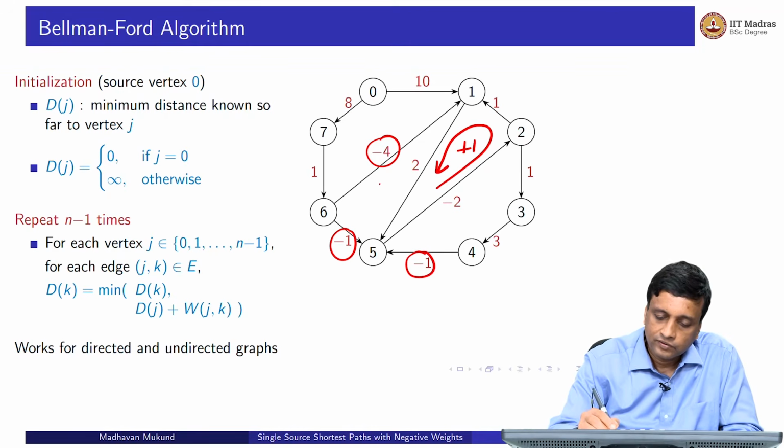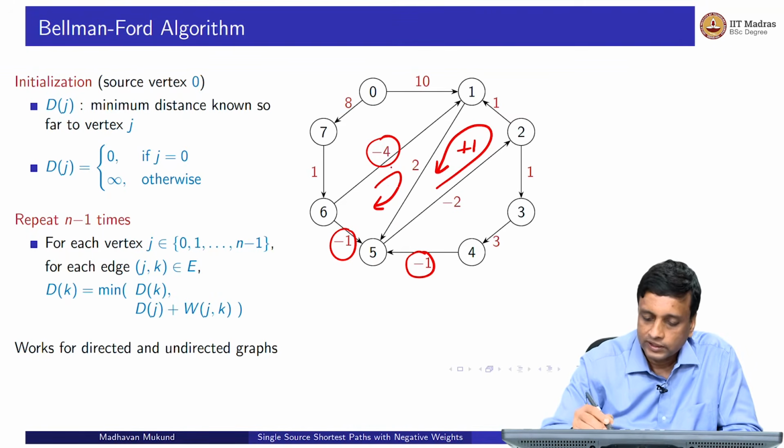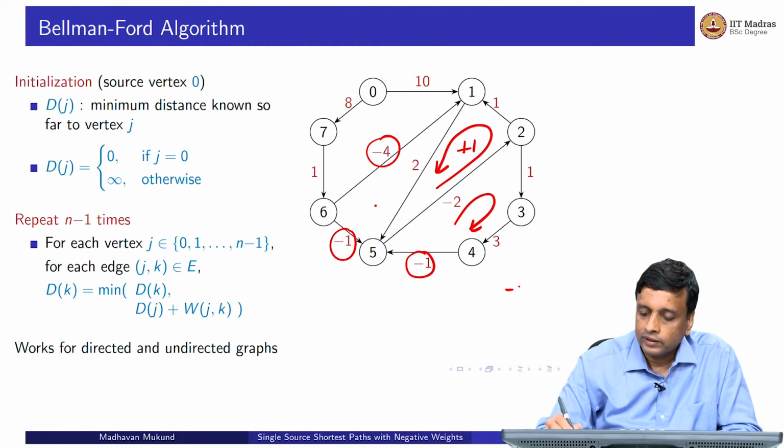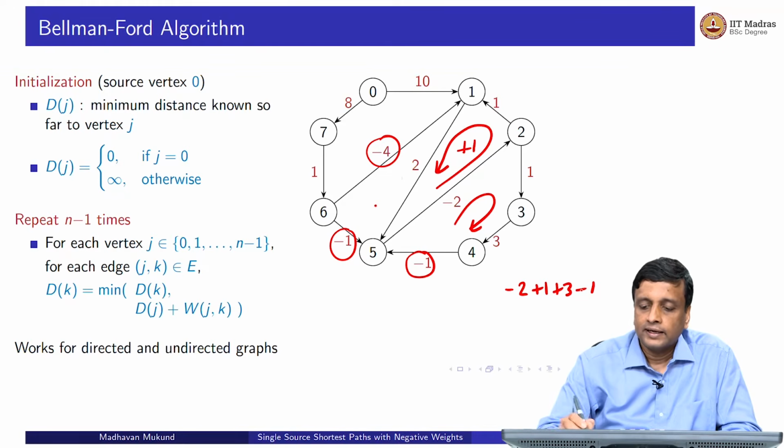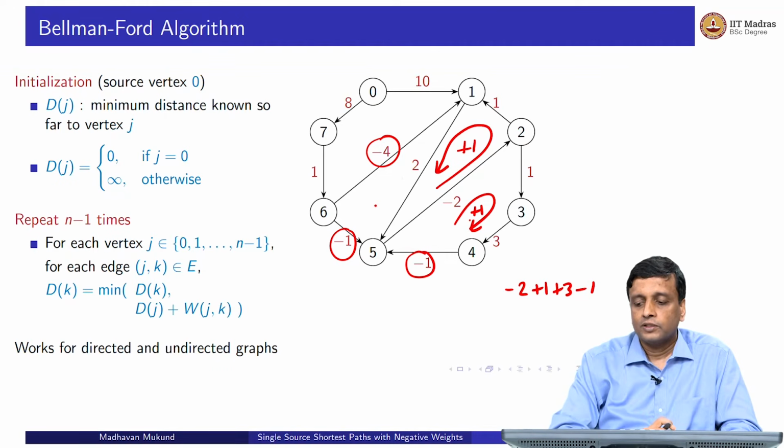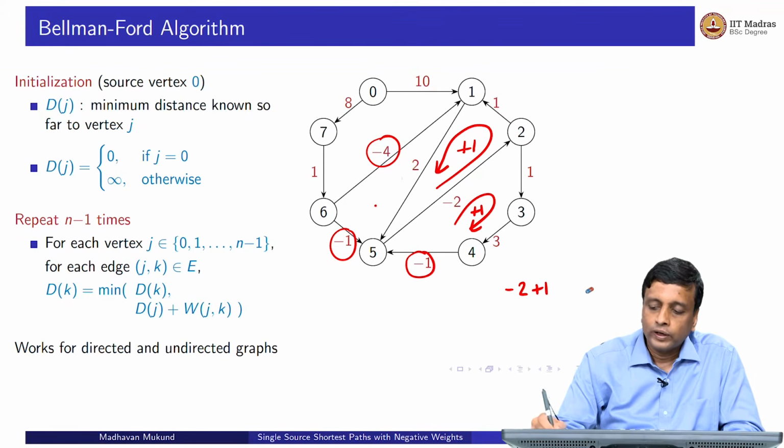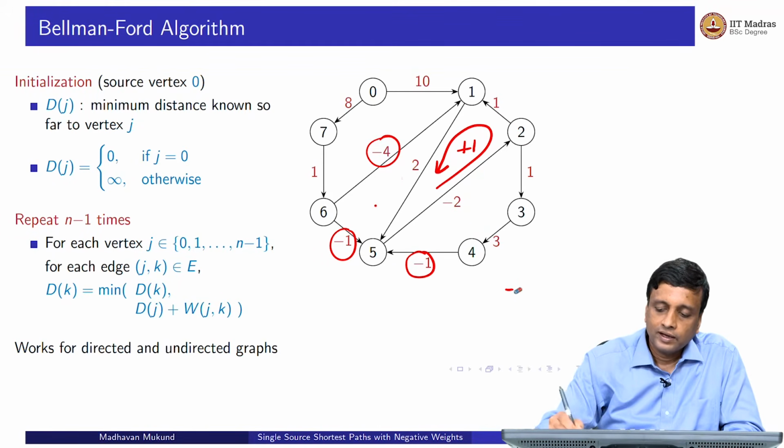There is a cycle here, for instance, 5 to 2, 2 to 3, 3 to 4, and okay. So, here this -1, -2, +1, +3, -1, right. So, this again has a net of +1 because this -3 plus 4. So, in this graph we have negative edges, but no negative cycles.